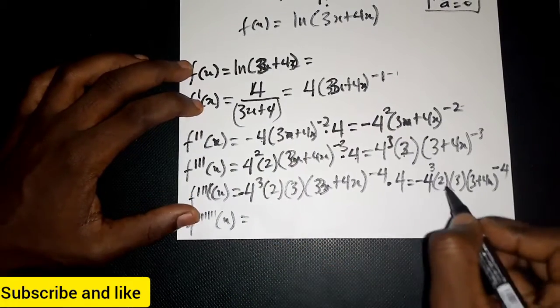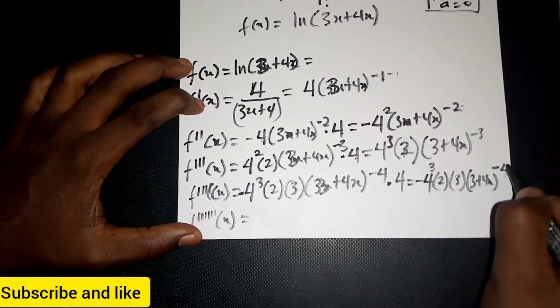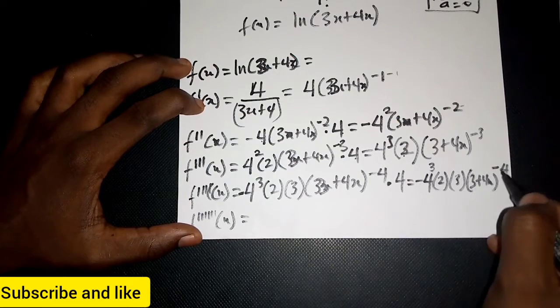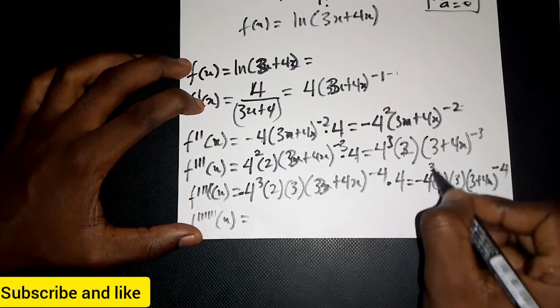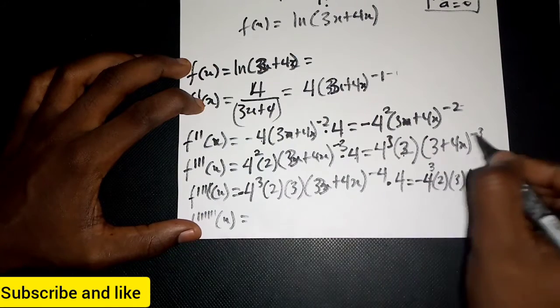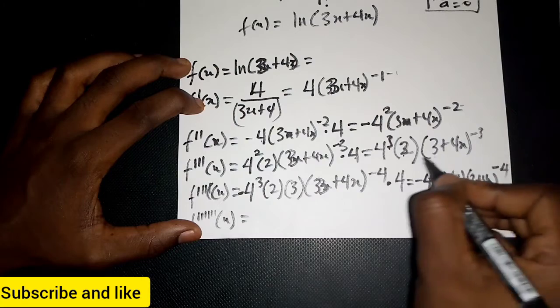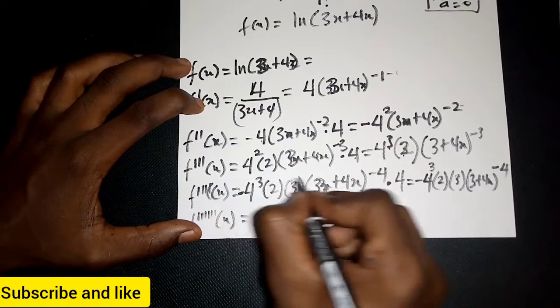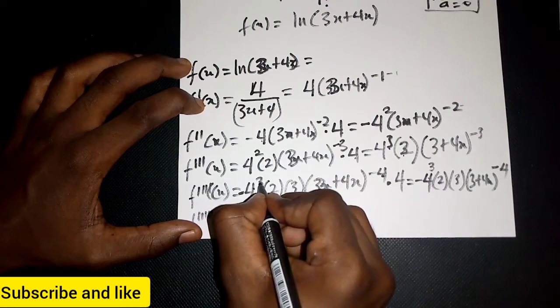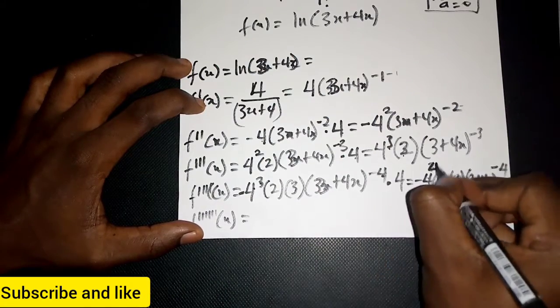So the fifth differential will just look like, negative 4 drops. So when negative 4 drops, we have 4 cube. Now this was 4 cube and there was 4 multiplying, so this becomes 4 to the power 4.